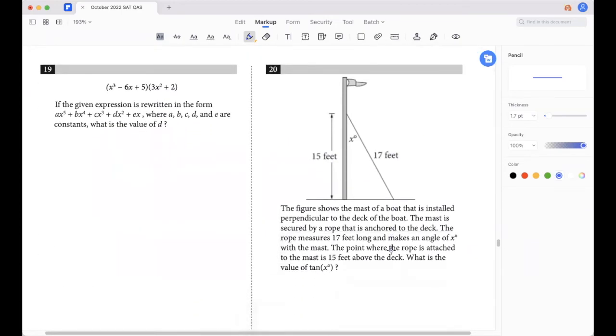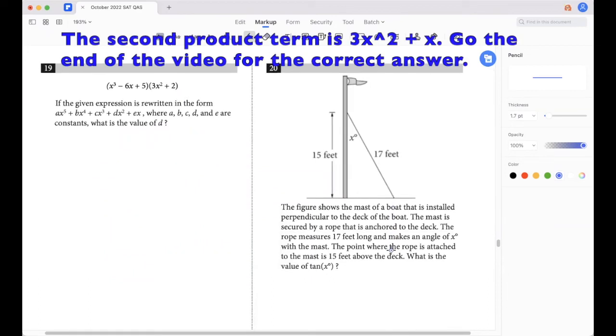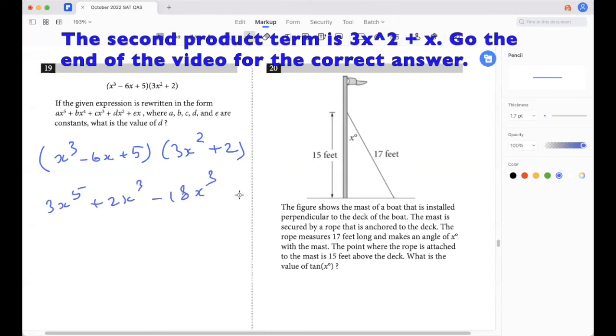If the given expression is written in this form, what is the value of d? Okay, so x cube minus 6x plus 5 times 3x square plus 2. So 3x to the power 5 plus 2x cube minus 18x cube minus 12x plus 15x square plus 10, right?